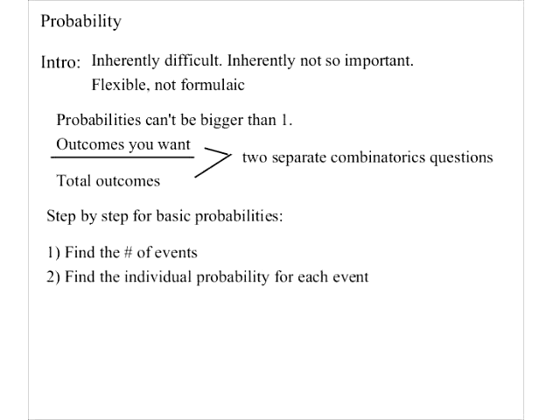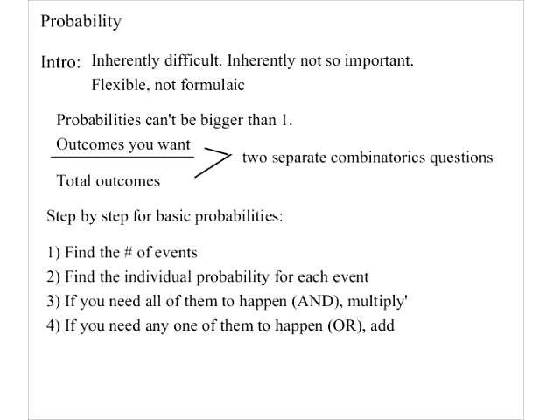Then, if you need all of them to happen, that's an AND question, multiply. If you need any one of them to happen, that's an OR question, you add. Those are the very basic rules, but like I said, if you're not flexible, nothing's going to do it for you. Probability is always going to throw some new monkey wrench into things, so you have to be very, very flexible. But these are some good basic rules.